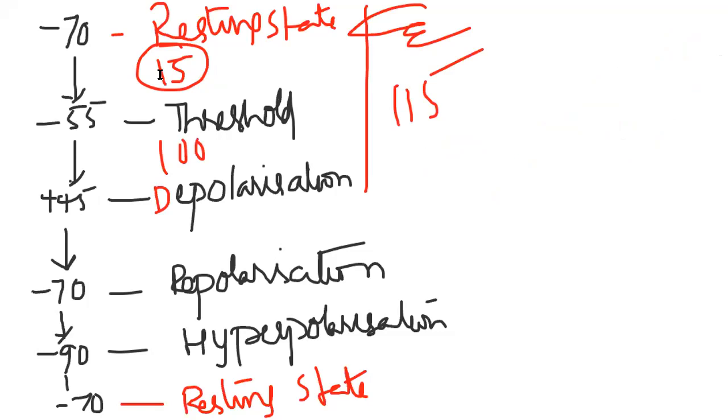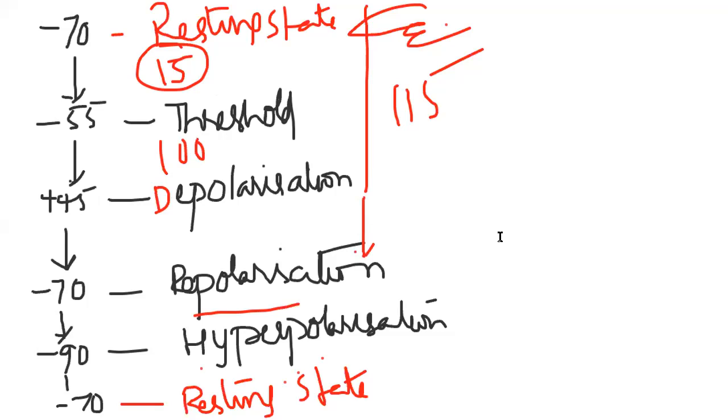Okay. Then from the depolarization to the repolarization, reaching normal back again. Then 10, 20 more is added, that is minus 90, that we call hyperpolarization. So when I touch, that area will become minus 70 to minus 55 to plus 45 to minus 70 to minus 90, then back to the normal position.